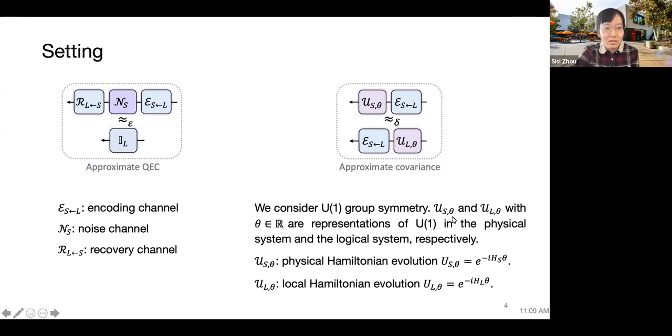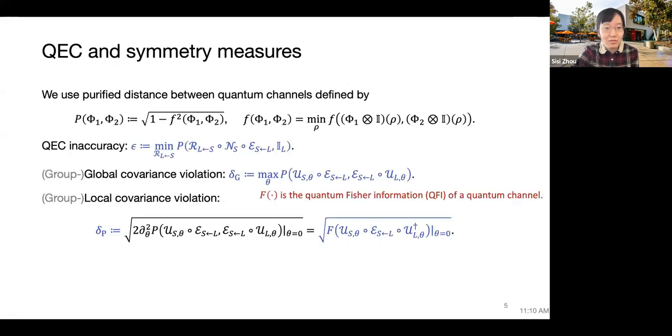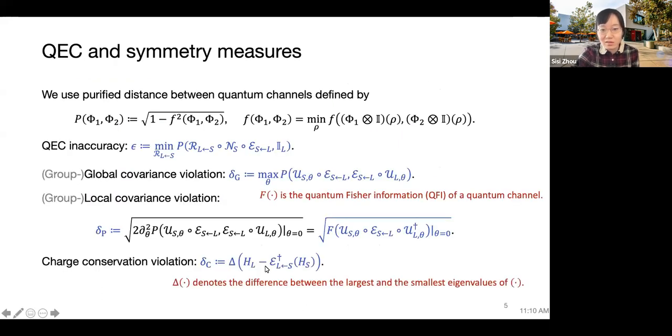So you can also say that HL and HS are the logical charge and the physical charge. That's why this is called the charge conservation violation, because it's the maximum charge you can change after the encoding.